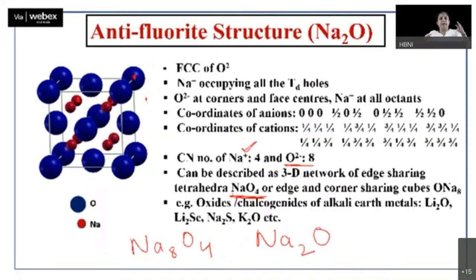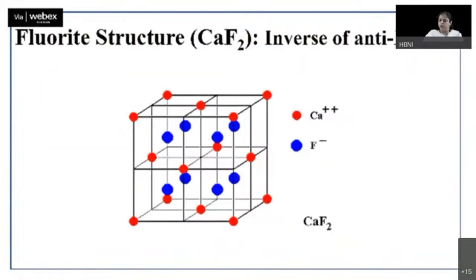For example, Na had 6 chlorine, chlorine had 6 Na. Zinc had 4 sulfide, sulfide had 4 zinc. But here the story changes. So it can be described as a 3D network of edge sharing NaO4 tetrahedra, or edge and corner sharing ONa8 cubes. This might be a little difficult to visualize, so you learn it as edge sharing tetrahedra of NaO4. That is easy. So this is about the anti-fluoride structure.